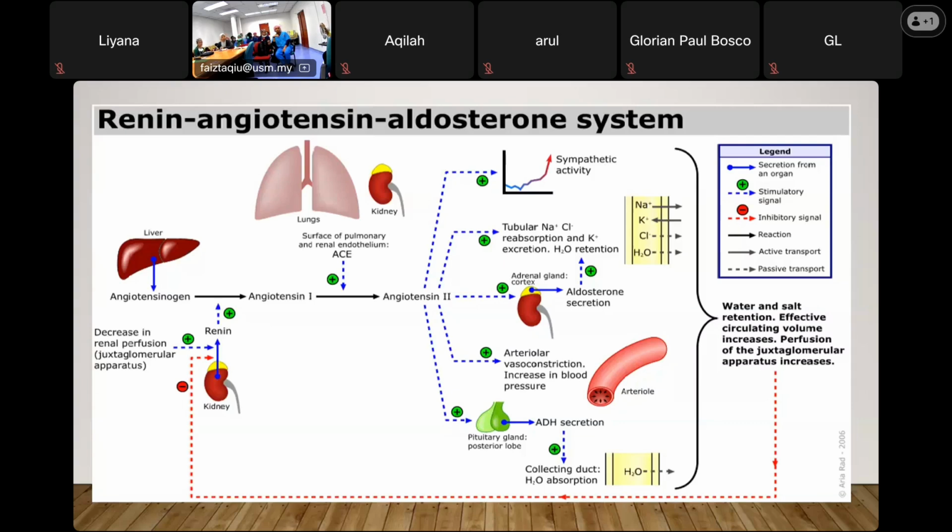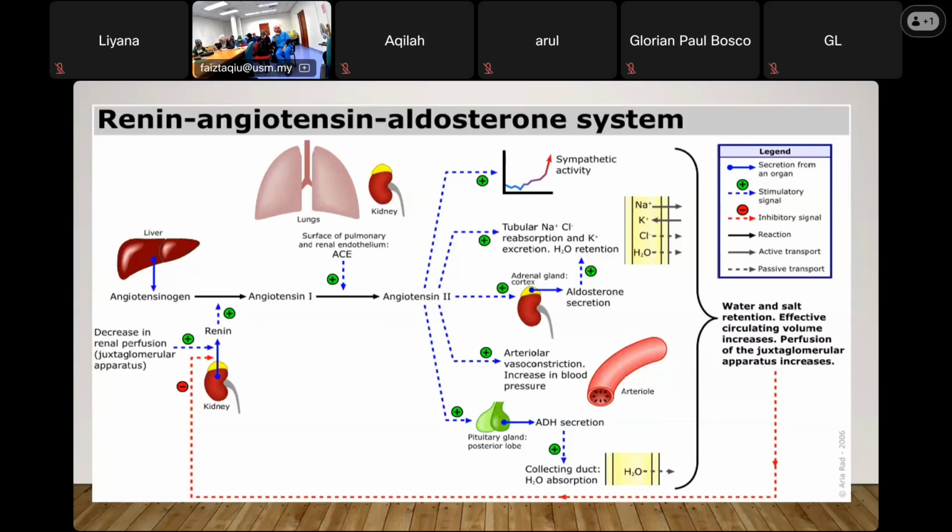What happened to the sodium concentration? Reduced, and that is what is detected by the macula densa. Oh, okay. Then only you say release of renin by the JG cells.